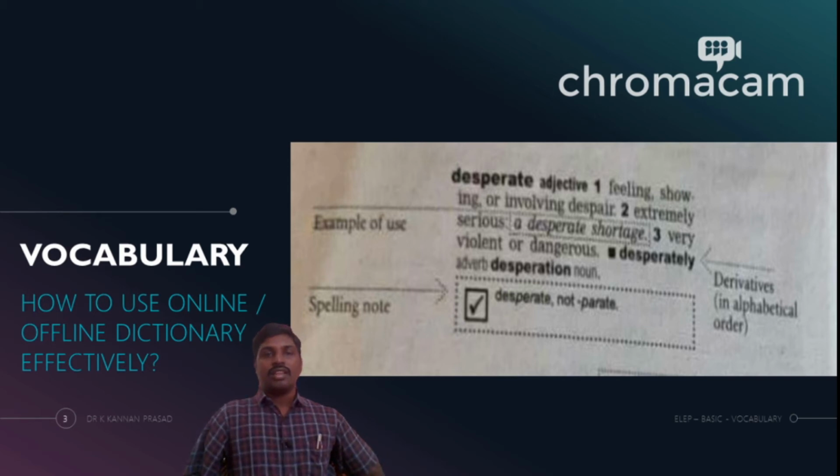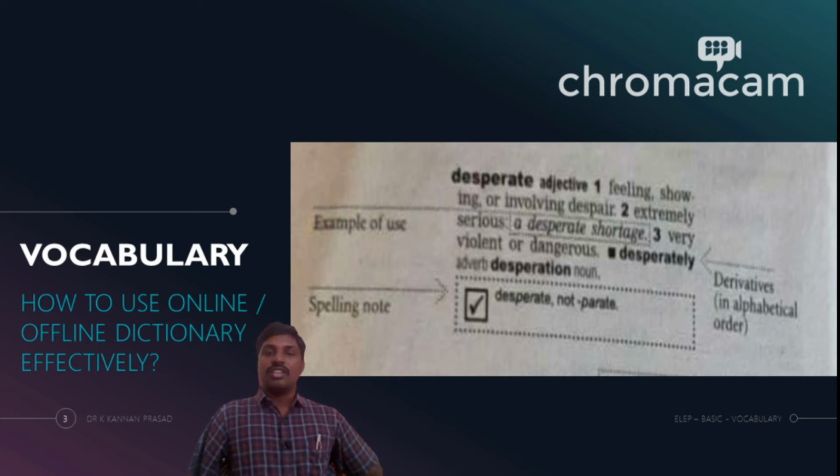The final thing about this example is that there is a box given here which says that you have to understand the way in which desperate is spelled, right? So in the written form you spell the word, right?